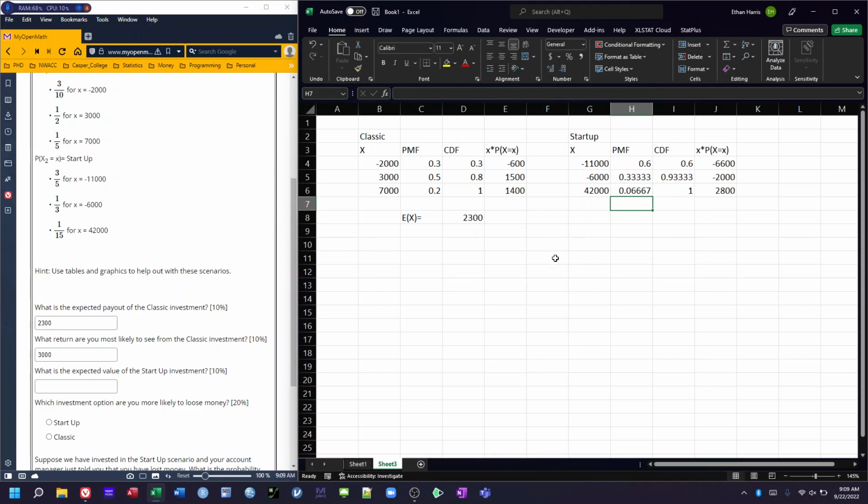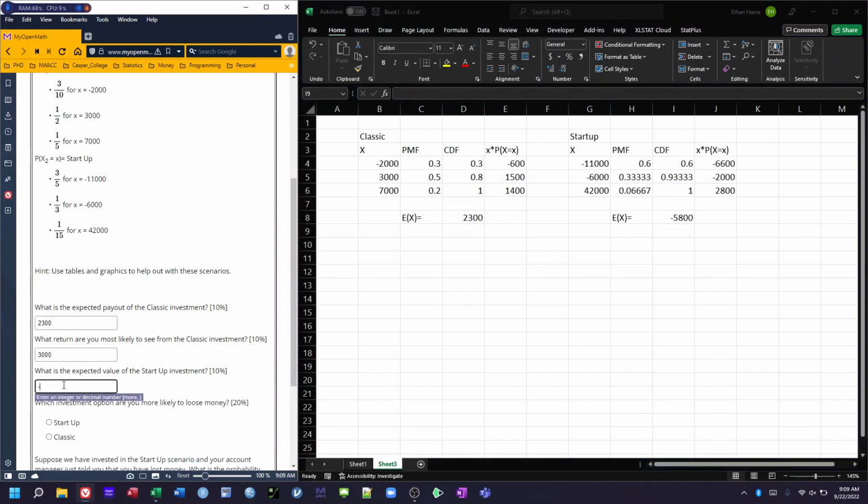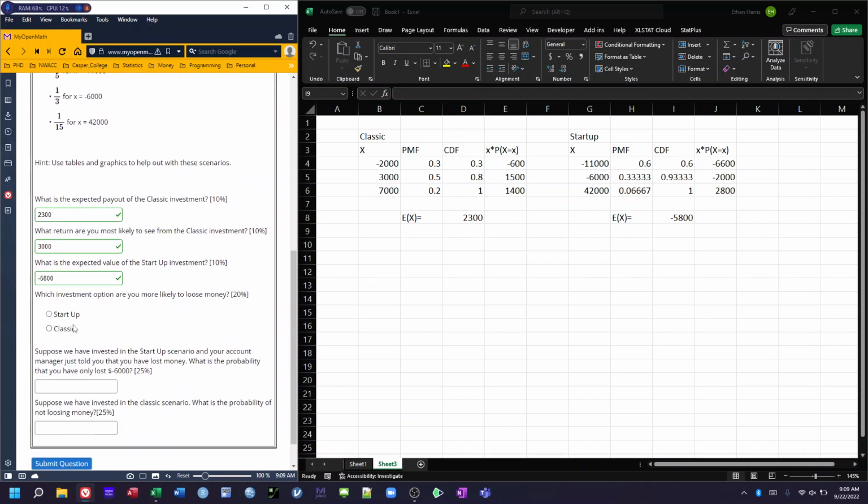Now I have all of those, and the expected value of x, or the expected value of the startup here, is going to be equal to the sum of those ones right there, and I have negative 5,800. So the investment that you are most likely to lose money on is the startup, not the classic.